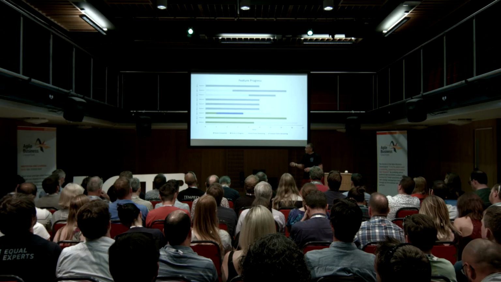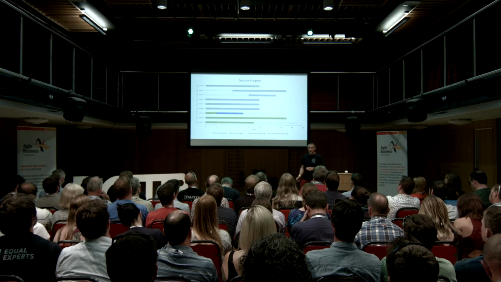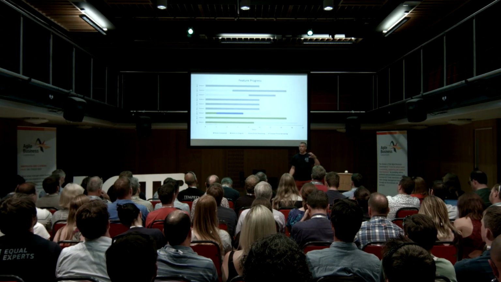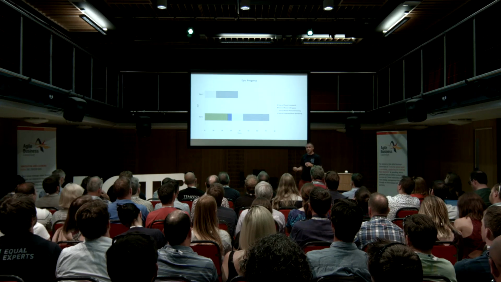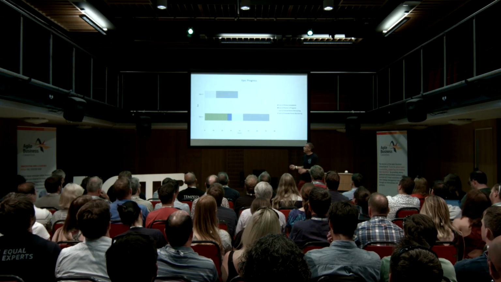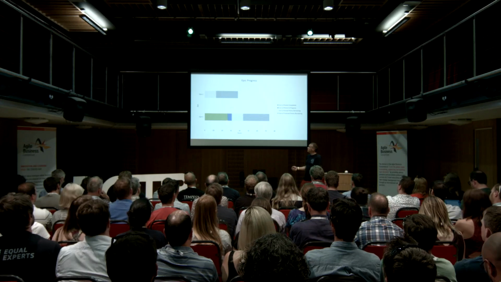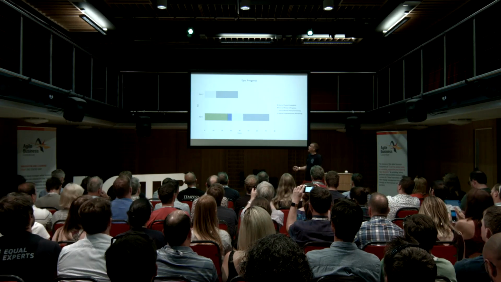This is all fine and dandy, having the feature breakdown, but I think when you roll it back up to the next level, if you look at Epic level, it starts to give you an interesting picture. If you look at Epic 1, we're quite far through delivering this.